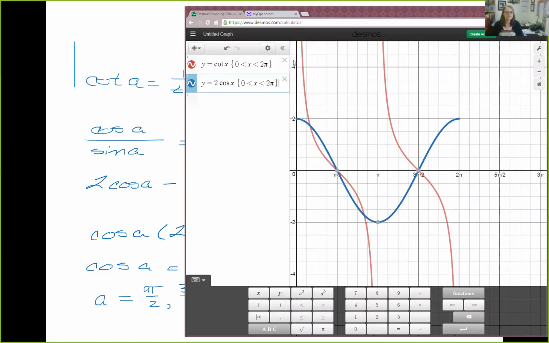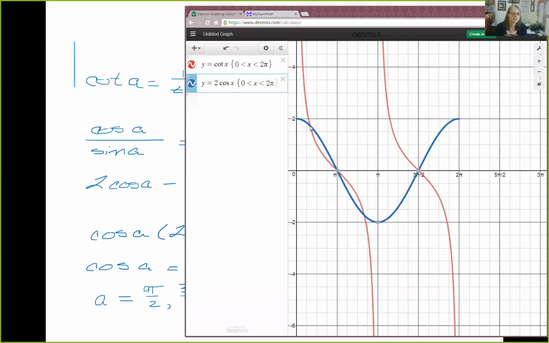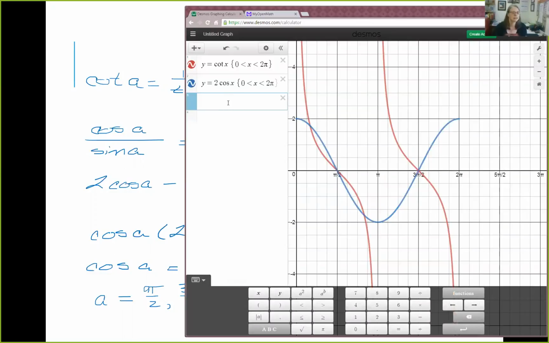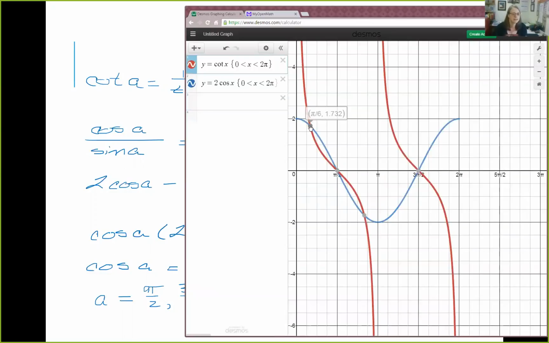And according to this, I see 4 intersection points. You see one right here. At pi over 6, and at pi over 2, and at 5 pi over 6, and at 3 pi over 2. There are no other intersection points, so yeah, we have found the correct solutions.